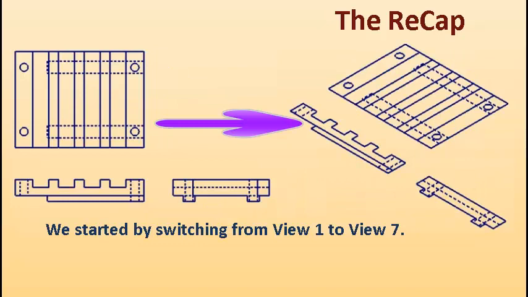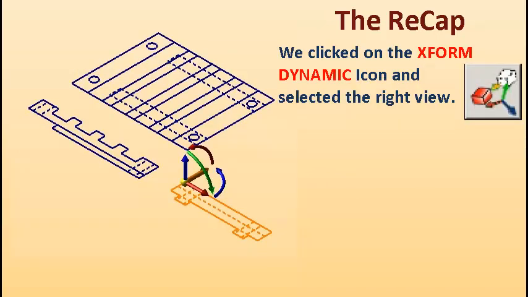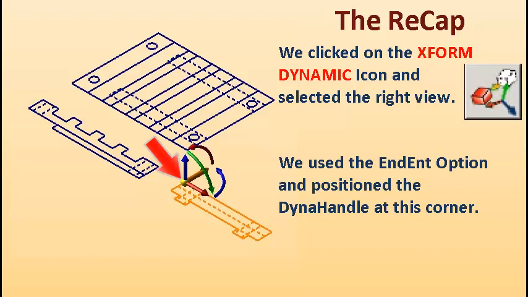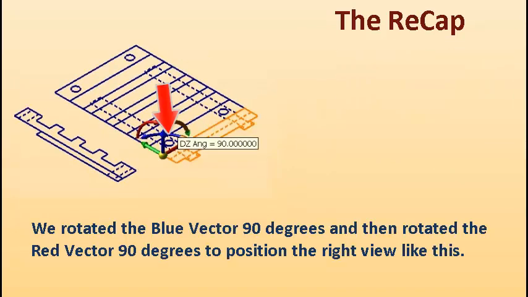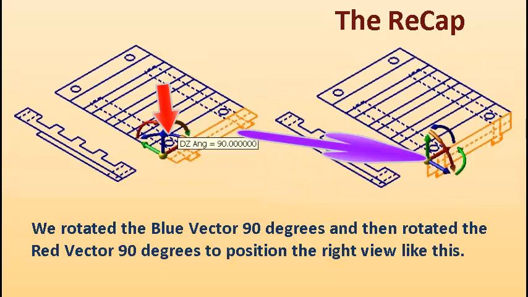We started by switching from view 1 to view 7, and we used the X-form dynamic icon, selected the right view, used the indent option and repositioned the dyna handle at this corner, and then we rotated first the view around in the horizontal plane, and then rotated it down the red vector.